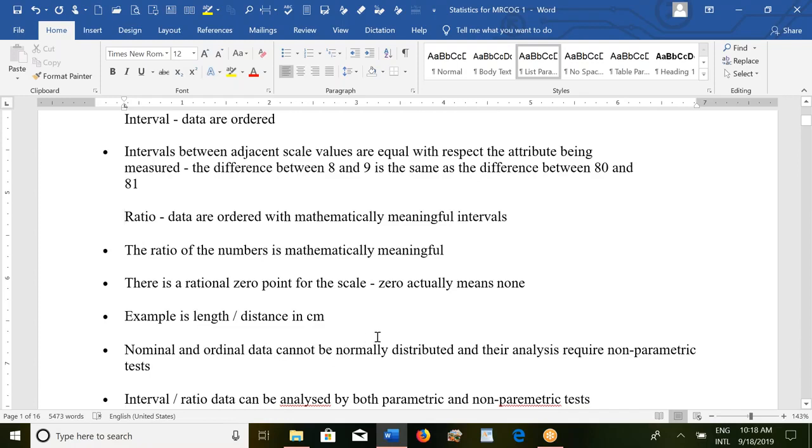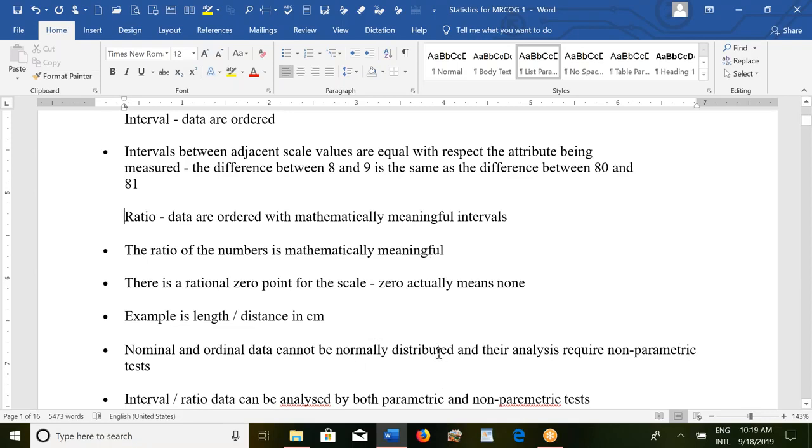For instance, if they tell you that there are two groups of patients, the patients in the first group live 10 kilometers away from the hospital, and in the second group, the patients live 20 kilometers away from the hospital.